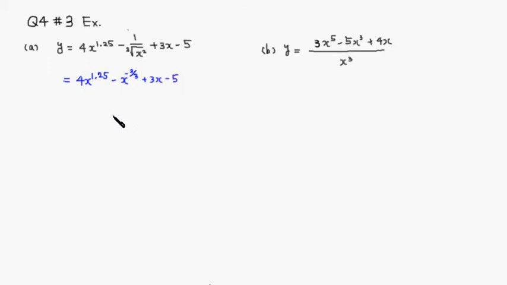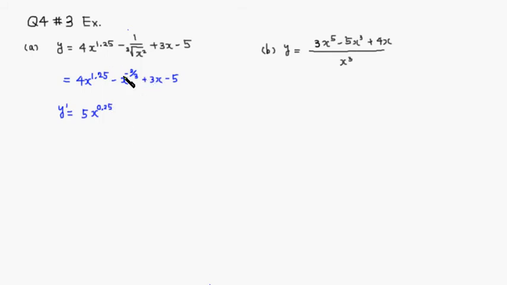Then we're going to use the power rule to take the derivative. So y prime is equal to, put 1.25 in front. 4 is already there, so 4 times 1.25 would be 5, x, and subtract 1 from 1.25, so it's going to be 0.25.